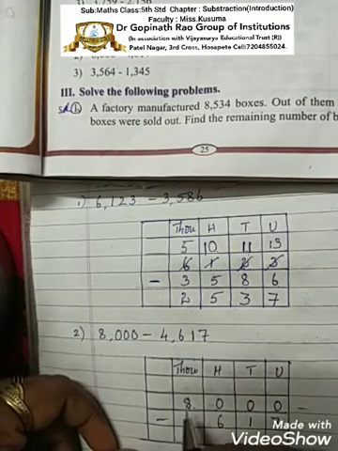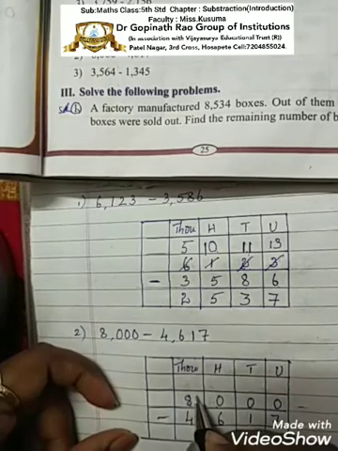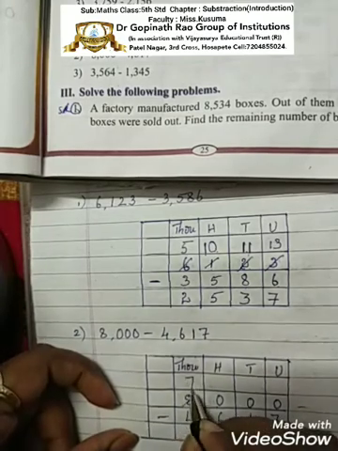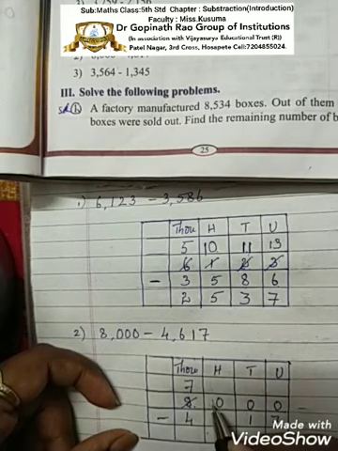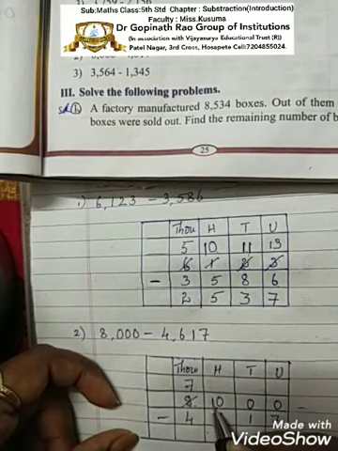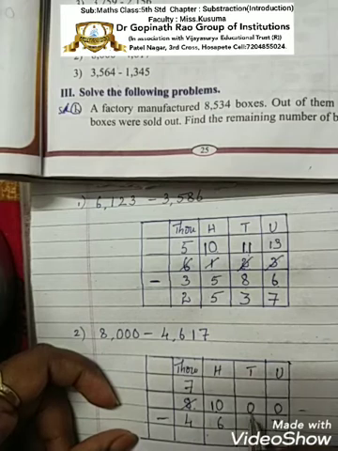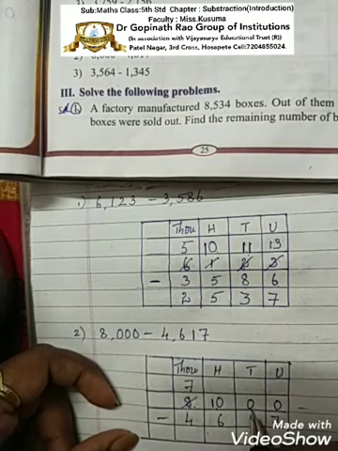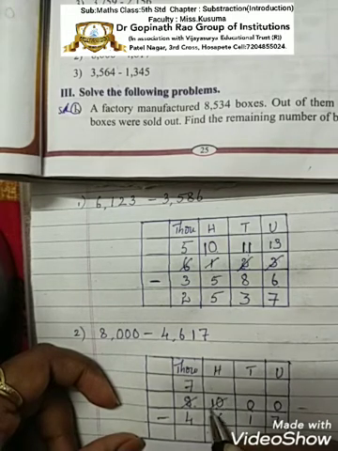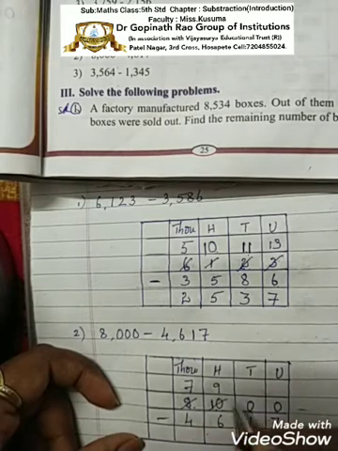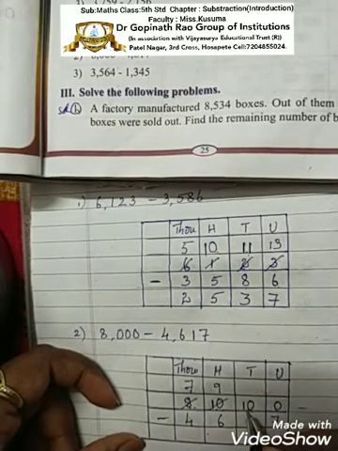First take from here. Okay, what happens? 8 becomes 7. Okay, when we take borrow, what we get here? Here we get 10. But this number also is in need, isn't it? Therefore if we take borrow from this number, it becomes 9, and this number becomes 10, isn't it?